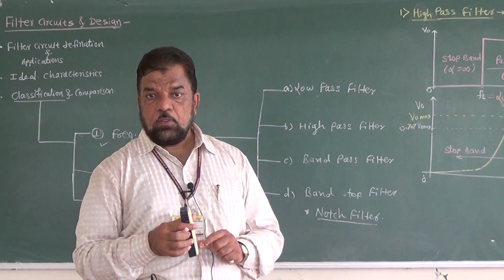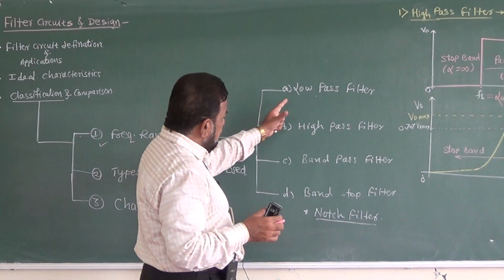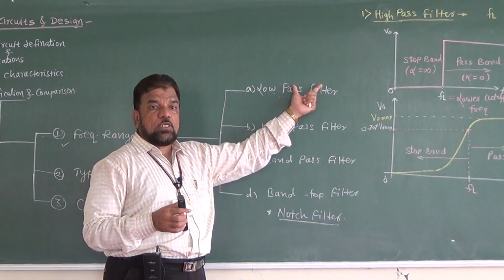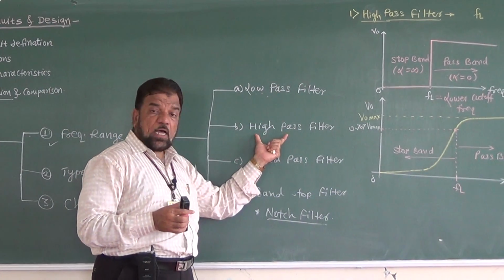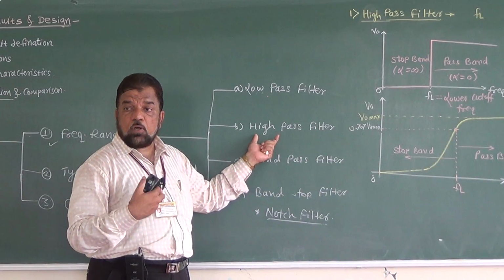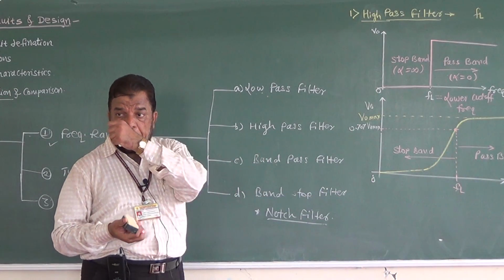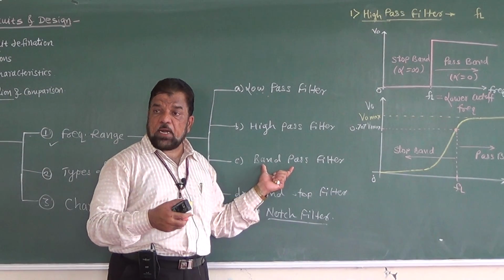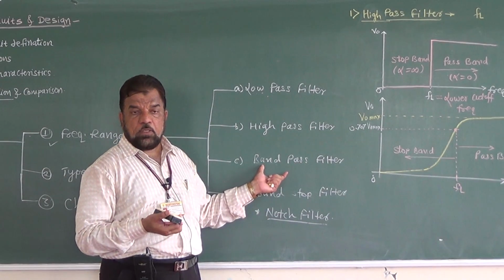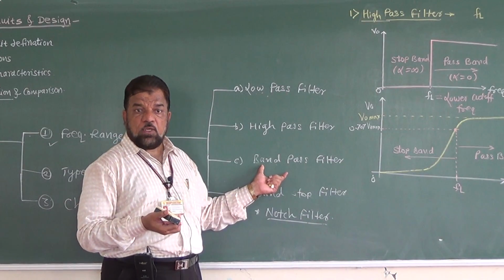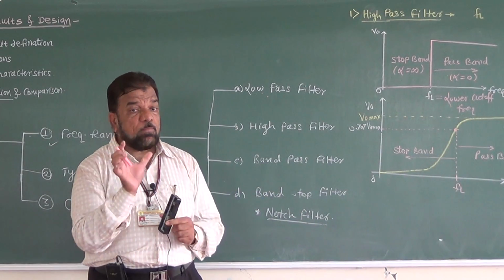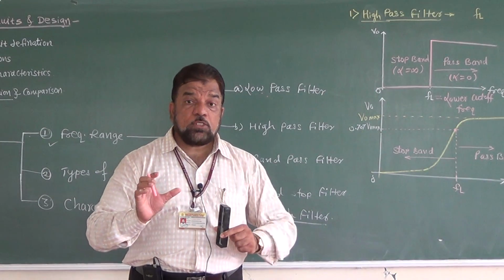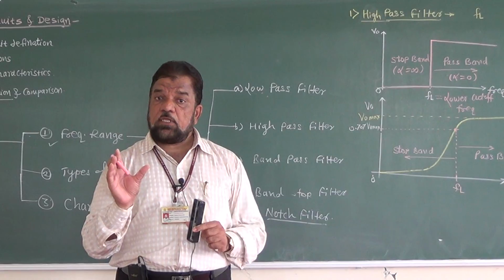Just if you read this low pass, transmission is there for low frequency signals. If you read this high pass, transmission is there for high frequency signals. Like that, when we are having this type of filter, band pass filter, it is a filter circuit which transmits some frequency range.